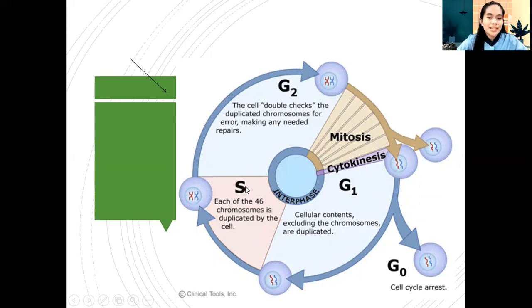So in your synthesis stage, this is actually the synthesis stage, S, each of the 46 chromosomes is duplicated by the cell. So earlier in gap 1, what was duplicated were only the organelles. But in your synthesis, what's duplicated here is your chromosomes. And your chromosomes number 46. Why 46? Because that's the number of chromosomes in a person.